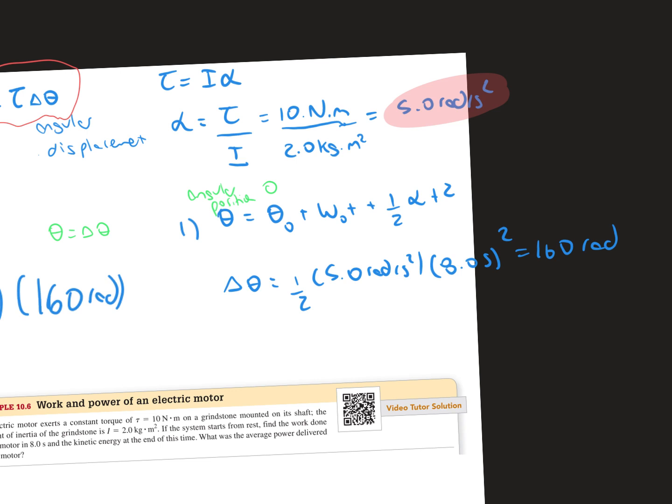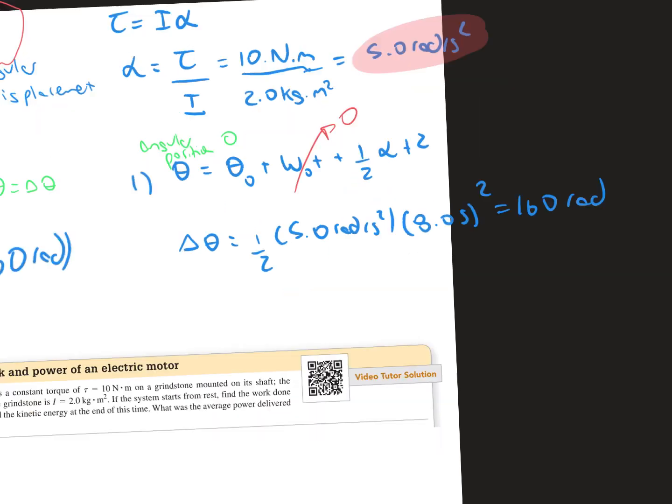As the initial angular position is 0, the angular position is the same as the angular displacement. That is 1/2 times 5 radians per second squared times 8 seconds squared. Since the system starts at rest, the initial omega term is 0. As we plug into a calculator, we get 160 radians.